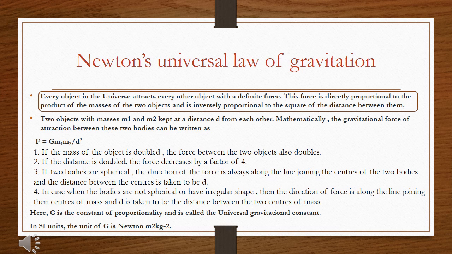Also if the distance is doubled, then the force decreases by a factor of 4, because in the formula F equals G m1 m2 upon d squared, if we take the distance as double, then we take its square. That means F is inversely proportional to the square of the distance. So if the distance is doubled, the force will decrease by a factor of 4.